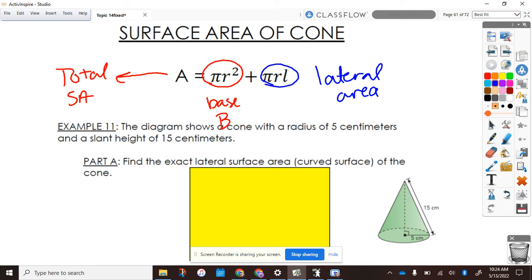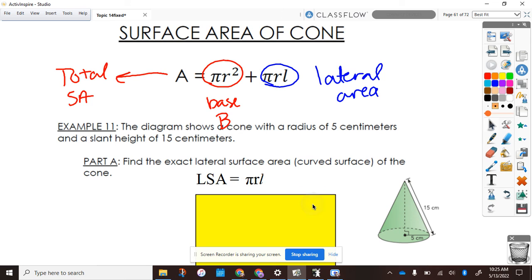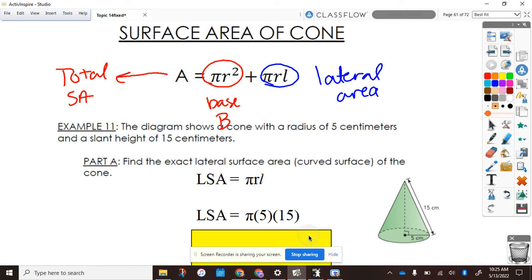So when part A asks for the exact lateral surface area, we're only going to do this second part that I circled in blue. The exact lateral surface area is just pi times r times L. So it's going to be pi times 5 times 15. Remember, if we're looking for anything that's exact, we're keeping it in terms of pi.